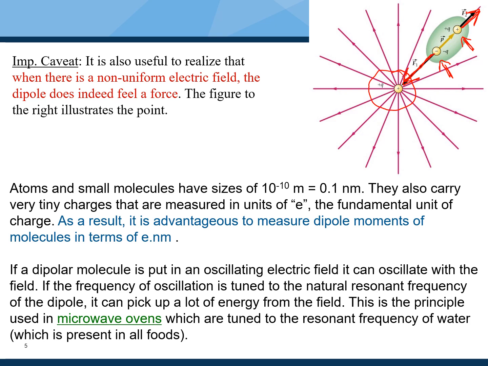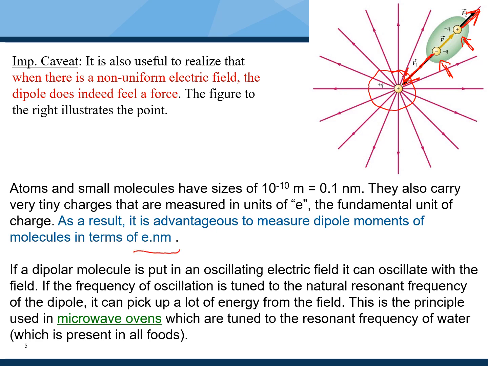They have charge separations measured in terms of e, the unit of charge of the electron, so we can measure dipoles of molecules in terms of electron times nanometers.